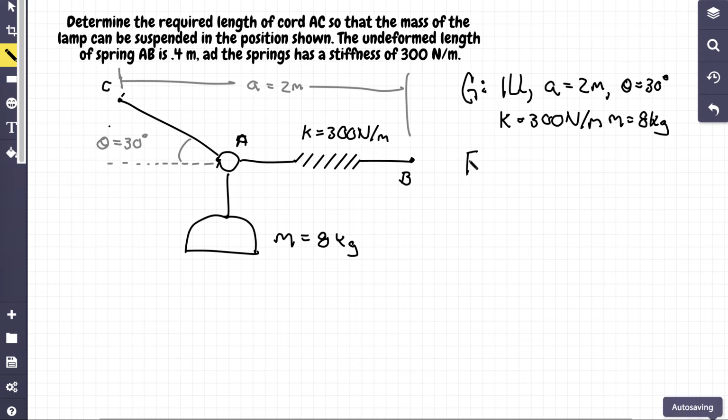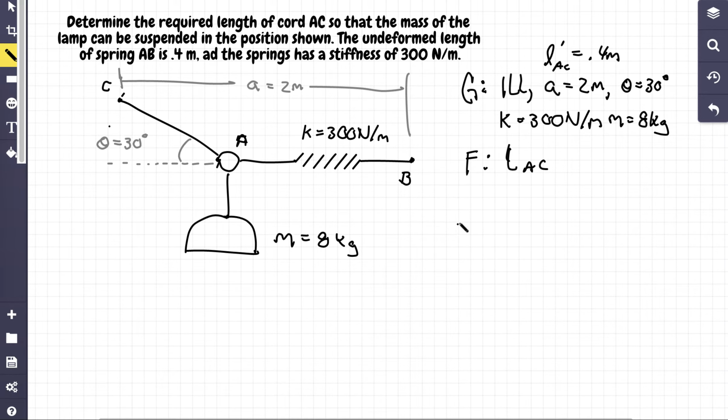And we want to find the length of AC. Oh, we're also given the undeformed length, so we're going to put that up here in lowercase AC, and I'm going to put AC as a little prime there, and that is 0.4 meters. Again, this thing is stretching, so this is the initial one before it's deformed, but because there's a force there, we want to determine the unstressed length as well.